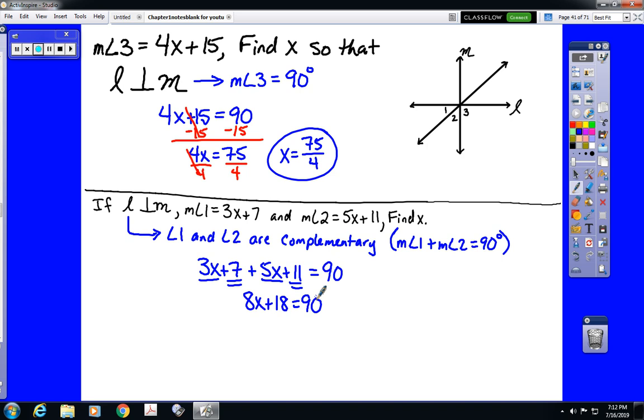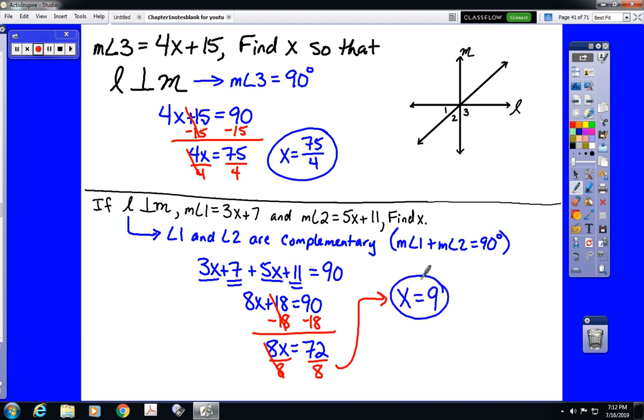Subtract 18 from each side. Gives us 8x equals 72. And then divide by 8. And we get that x equals 9.